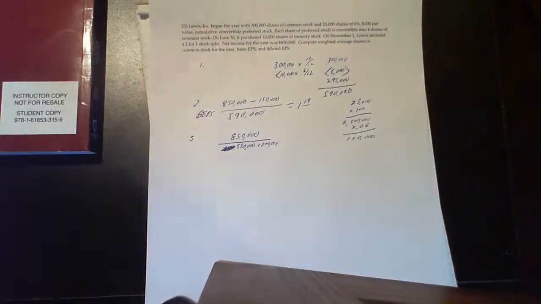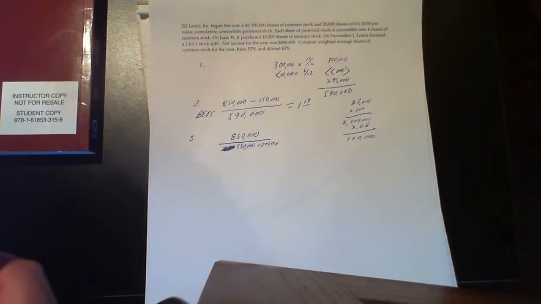So 850,000 divided by 790,000. And that will be $1.08 diluted earnings per share.